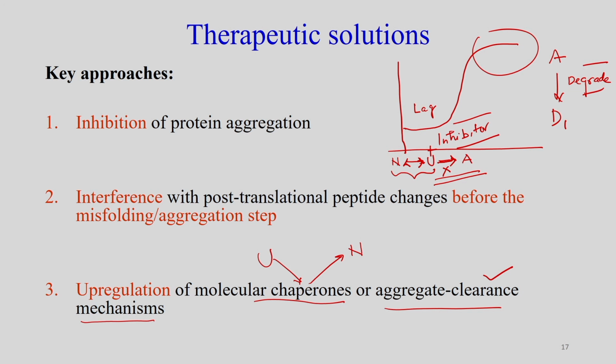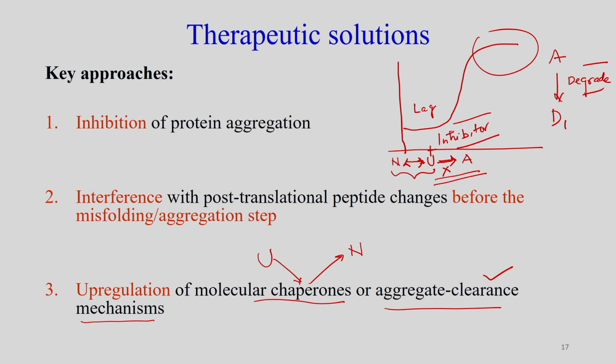Then we discussed the key approaches for inhibiting the aggregation of a protein, because it is associated with various conformational diseases.